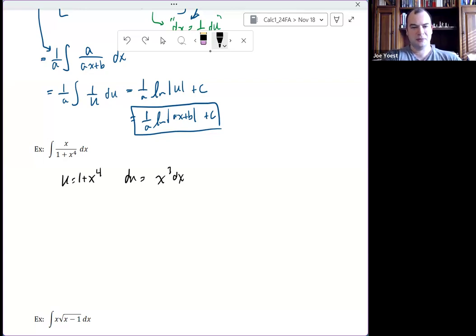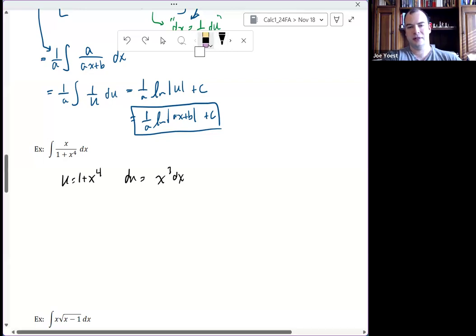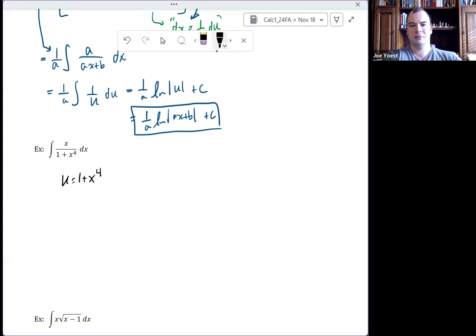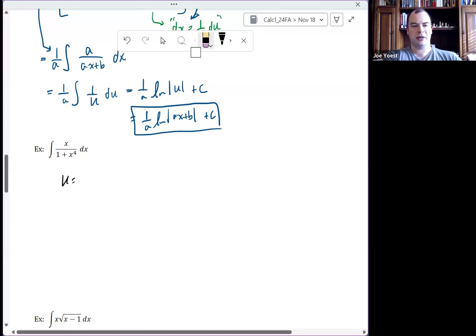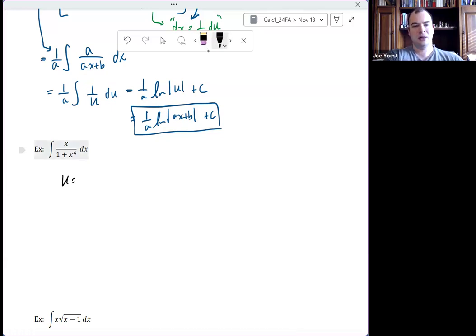My initial look for a substitution doesn't quite work. But the overall strategy of what I'm looking for here is making the denominator a little simpler. What if I thought of my denominator as 1 plus x squared squared?